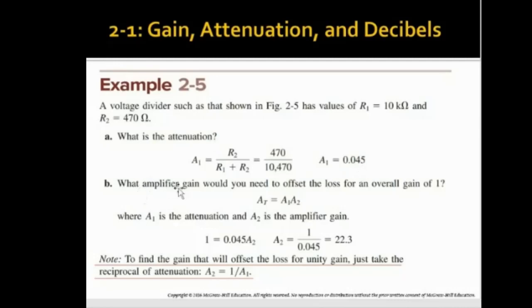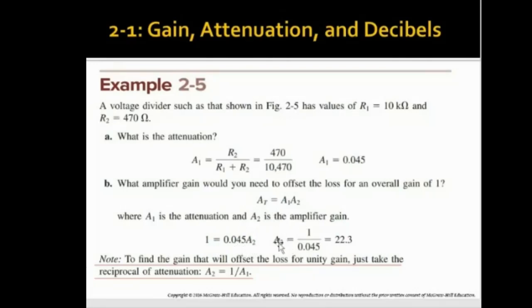What amplifier gain would you need to offset the loss for an overall gain of 1? So our overall gain is 1. Attenuation number 1 is available. We need to find A2, which is in fact our gain. So where A1 is the attenuation, A2 is the amplifier gain. So then we have 1 equal to 0.045 A2.